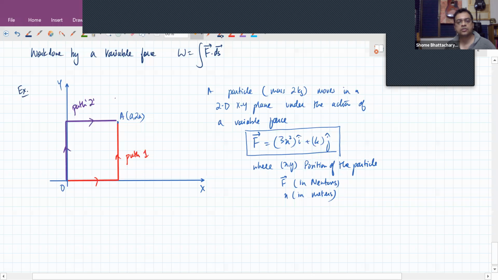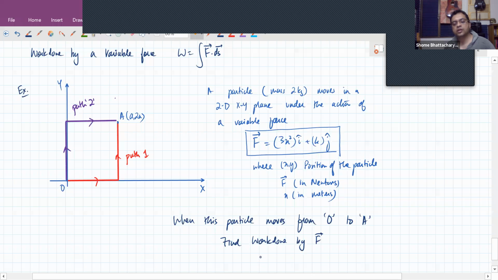So when this particle moves from the origin to the point E, we have to find the work done by this force F, for path number 1, which I showed, and secondly for path number 2.